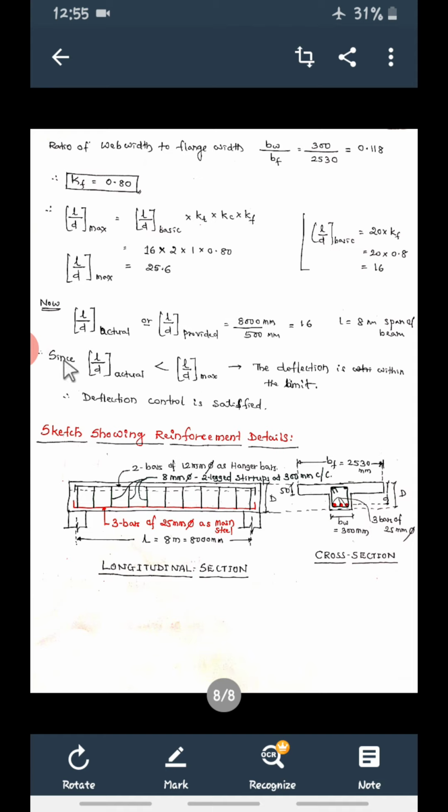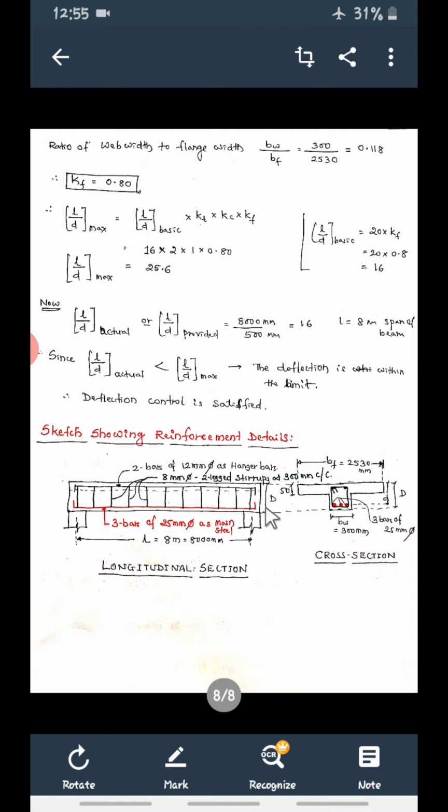Since L by D actual is less than L by D maximum, the deflection is within the limit, or you can say that the deflection control is satisfied. There is no necessity of revising the problem. Suppose L by D maximum were less than L by D provided, then you would have to redesign from the first step.